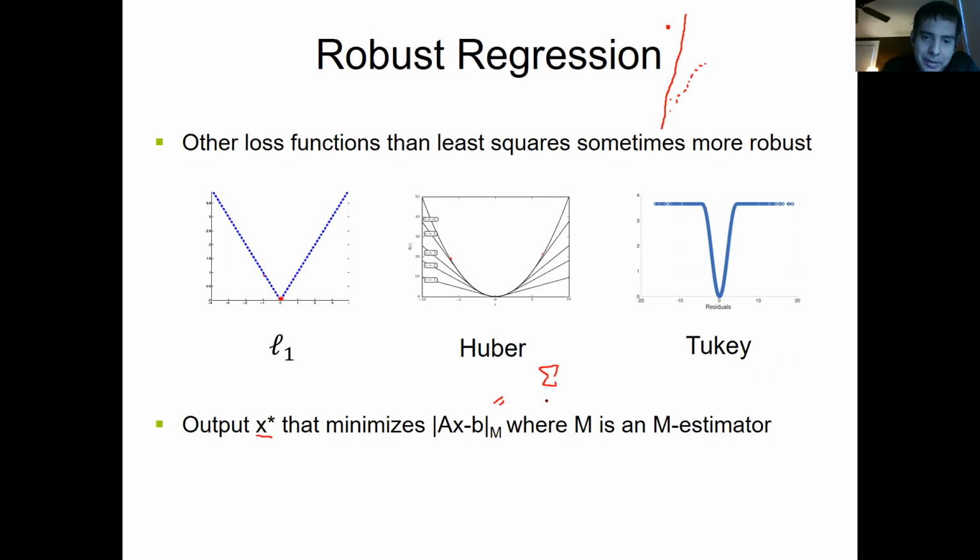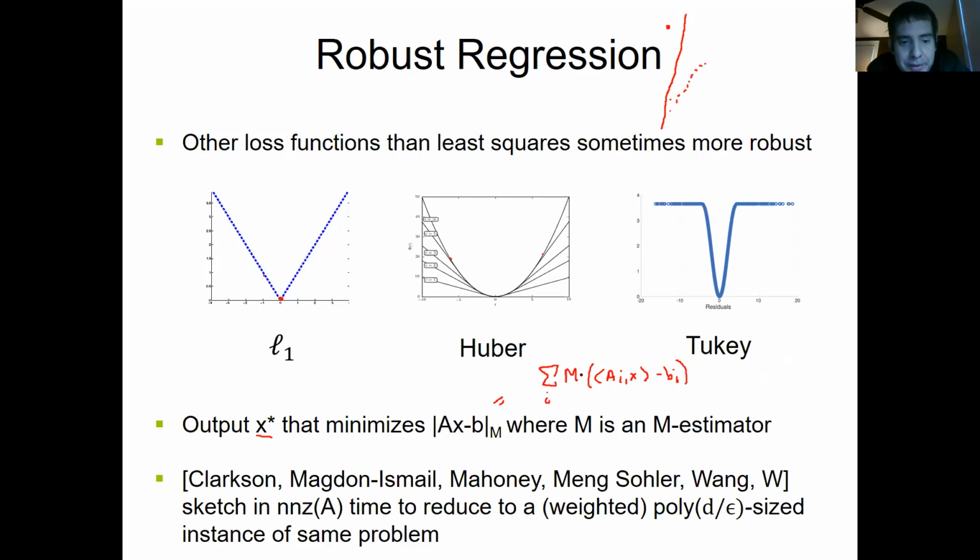What I mean by this is the sum of some function M applied to what you predict minus what you observe. You want to minimize this loss function.